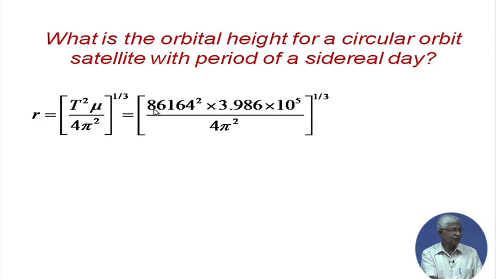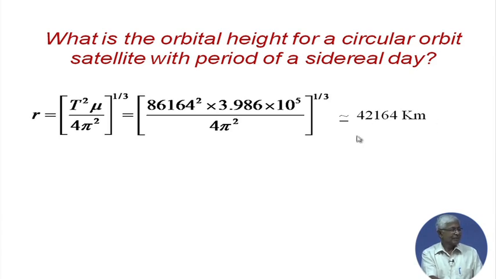T is 86,164, so T square is 86,164 square; mu, if you recollect, was 3.986 into 10 to the power 5 kilometer cube per second square; and of course 4 pi square, and take the 1/3 root of that.